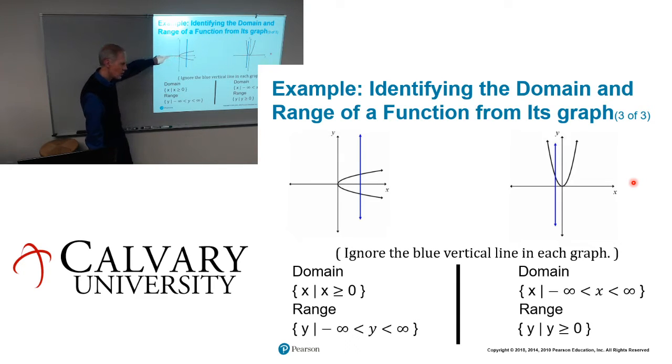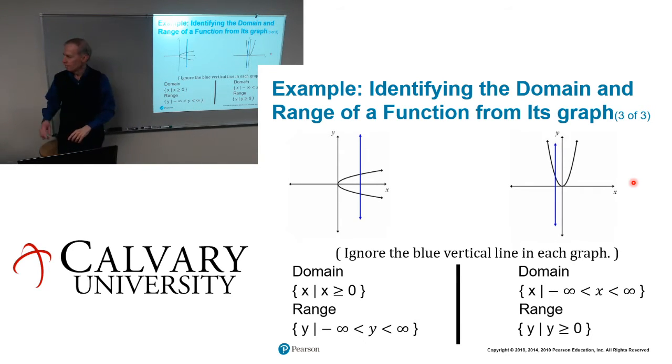So x does not come to the left, it only starts here and goes to the right. However, the y values, even though it's not really plain, do keep increasing gradually, so it will get higher and higher, and this one will get lower and lower. So this symbol means -infinity to +infinity are the y values.